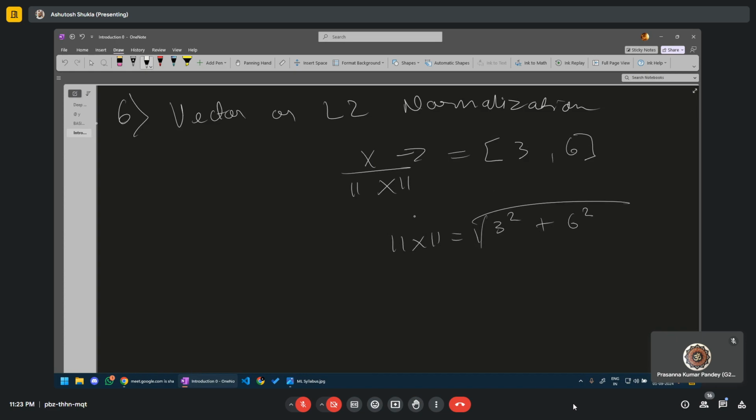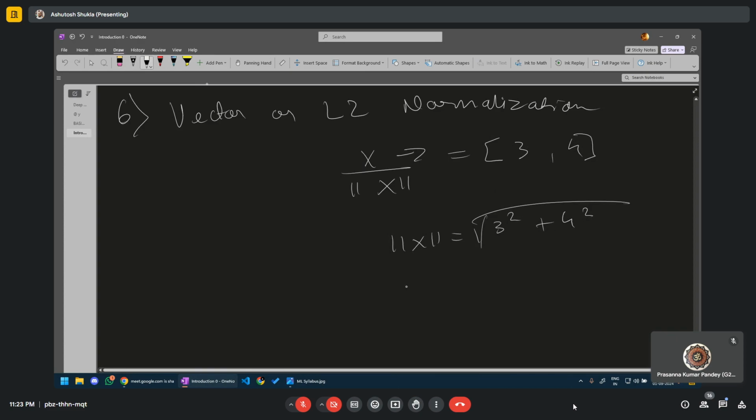What's 3 squared? That's 9 plus 6 squared, that's 36. What do you get out of this? 45, and then square root. Oh, that would be so complex. Let's just make it 3 and 4 in that case, to make it easier. That gives 16 and 9, which is 25, and the square root is 5.